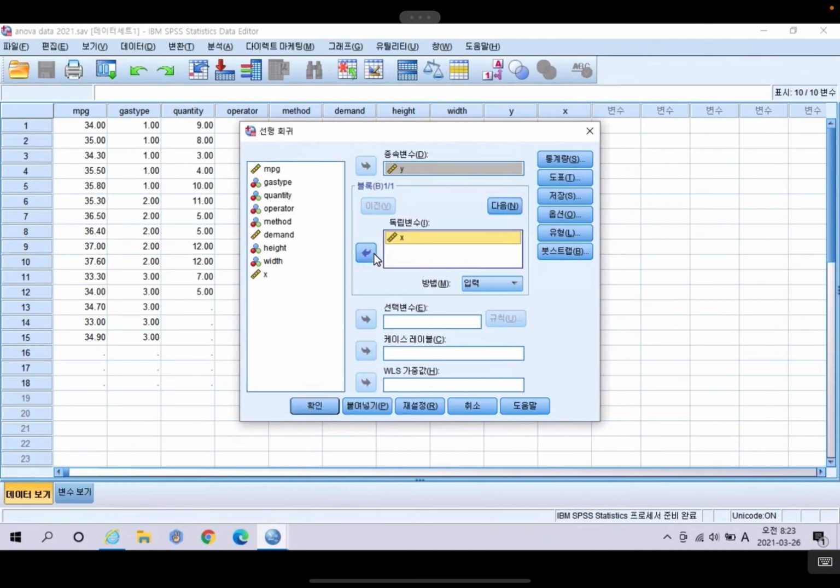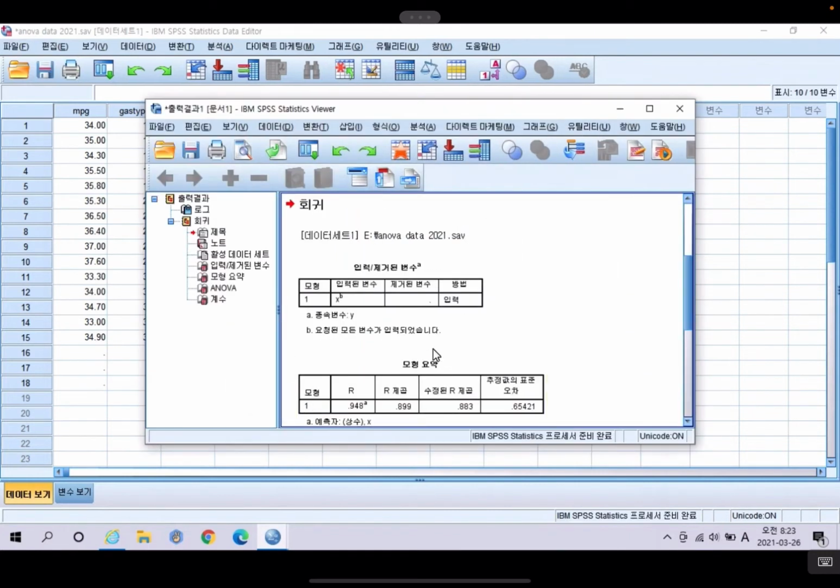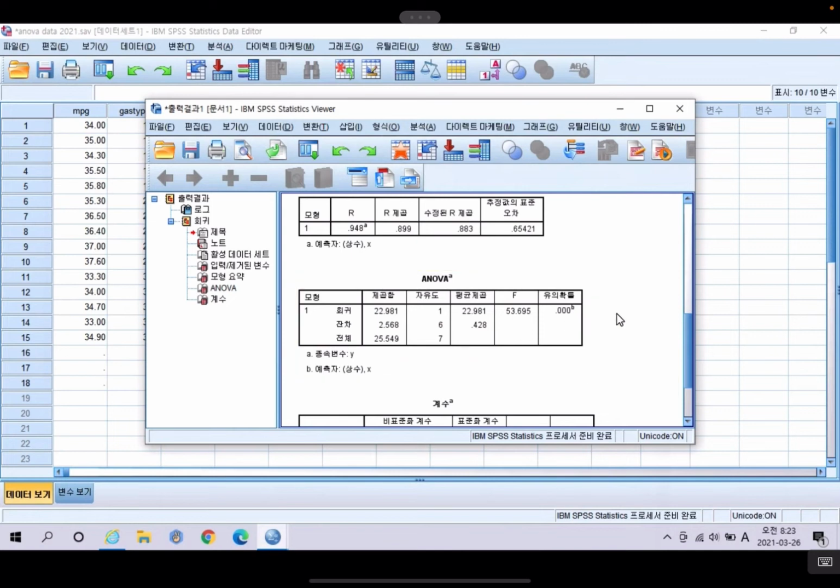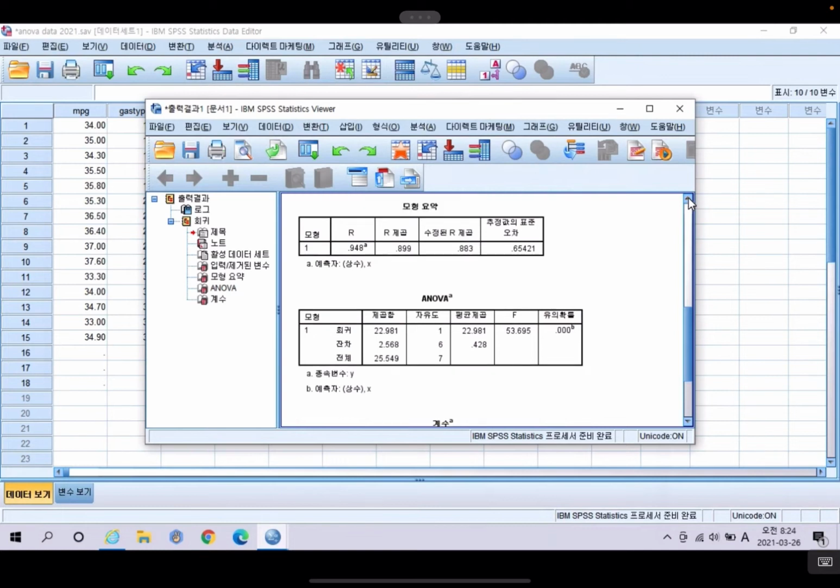And then just simply click enter here, and you get the results here. There are three types of tables here, so we are going to focus on interpreting these results.